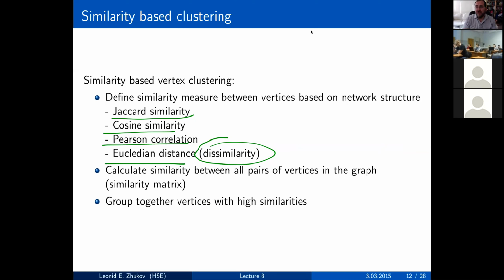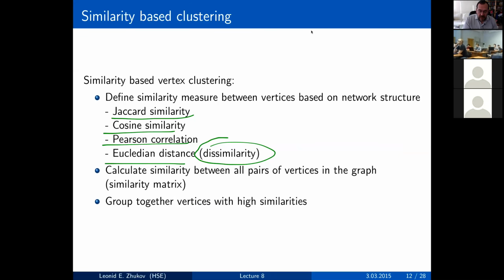This is both a strength and a weakness of the method, because different similarity metrics will eventually lead to different communities. And the question is, which one is correct? Well, it's a very polite question. It really depends on your application.